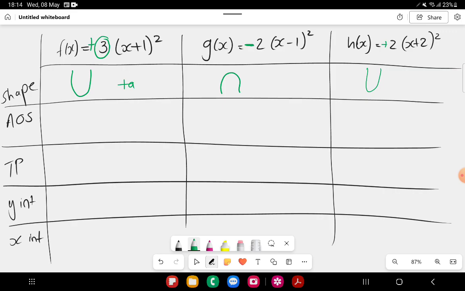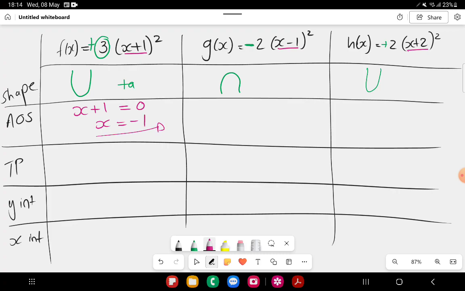Next up, I want to know what my axis of symmetry is. At which point is this graph going to fold in half? So for my axis of symmetry, I'm going to take what's inside each bracket and equal it to 0. So x plus 1 equals 0, so x equals negative 1.